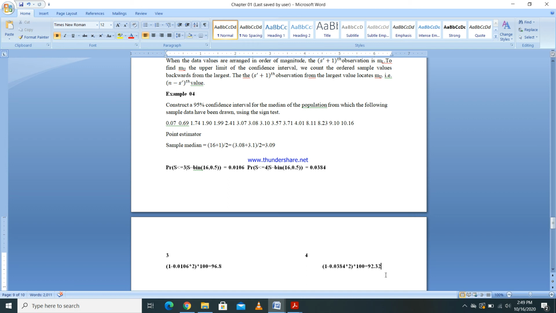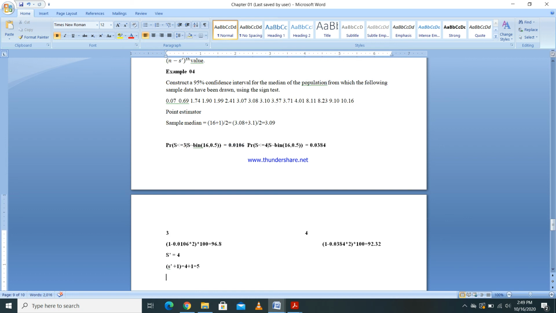Right, so in this case I'm going to select this dash value as 4. So I can take S dash plus 1, that is equal to 4 plus 1, that is equal to 5. In the 5th position, 1, 2, 3, 4, 5, I have 1.99.